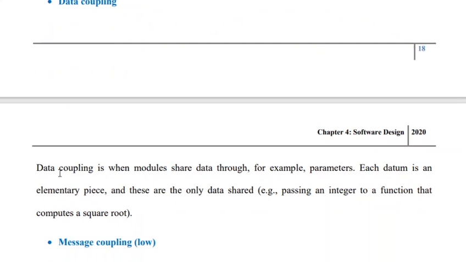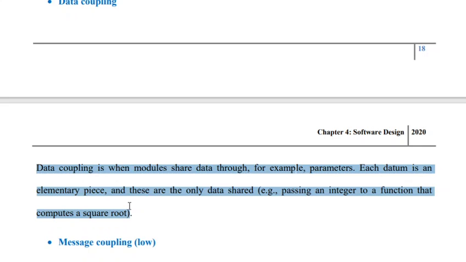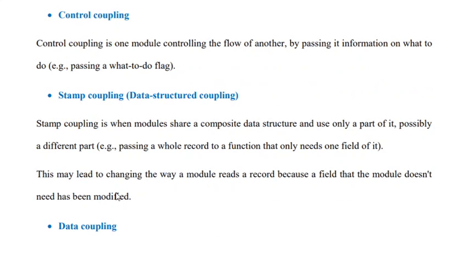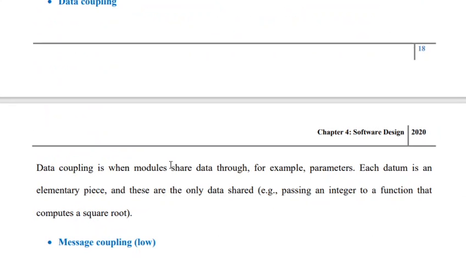Data coupling refers to a situation where a module depends upon another module for a simple variable, as an example a simple integer value. That is the difference between data coupling and stamp coupling. In stamp coupling, we work with a composite data item, whereas in data coupling, we work with an atomic data item.